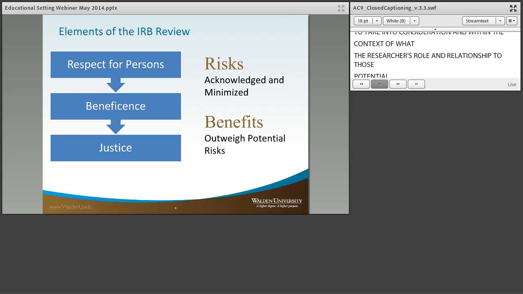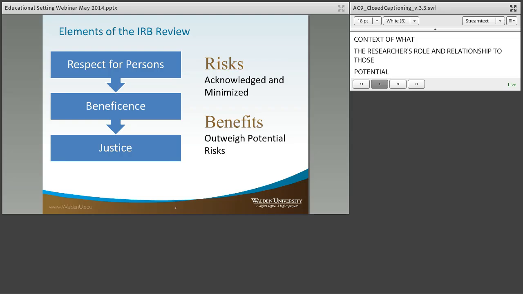And finally, the last principle is justice. And essentially, what that comes down to is ensuring that those that participate in research will somehow benefit from it. And certainly not, this is more keenly made aware as far as not using individuals just because they are a captive or a convenient population.